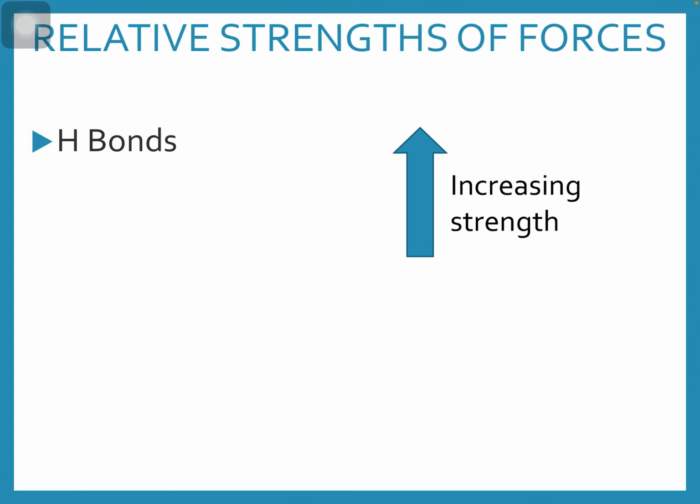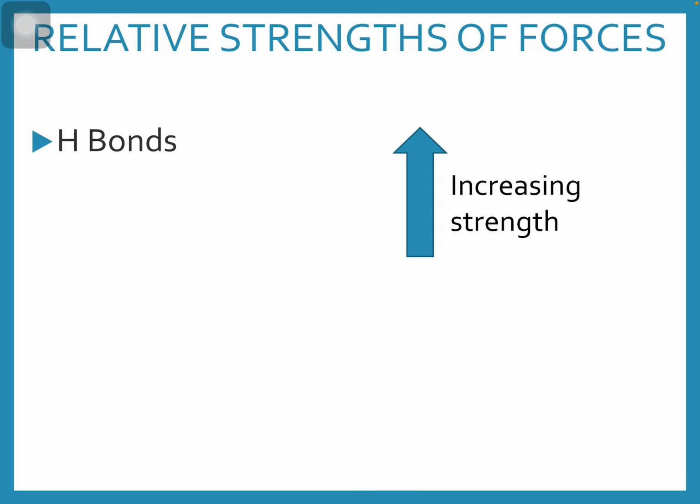When we have hydrogen bonds between polar molecules that have a hydrogen that can bond to an oxygen, a nitrogen, or a fluorine of a neighboring particle, that is the strongest type of intermolecular force.